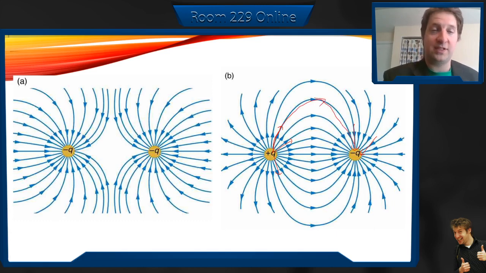Now you can also think about this in terms of attraction and repulsion. Because they're leaving the positive and going to the negative, these are all the force lines. But really, we're looking at an attraction here, because this positive charge is going to want to follow those force lines and head in this direction.